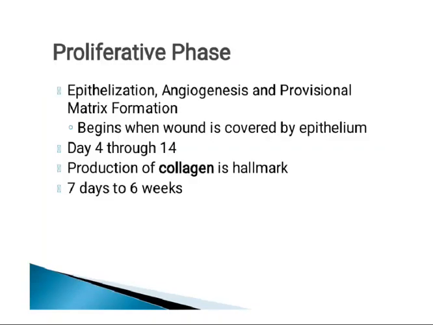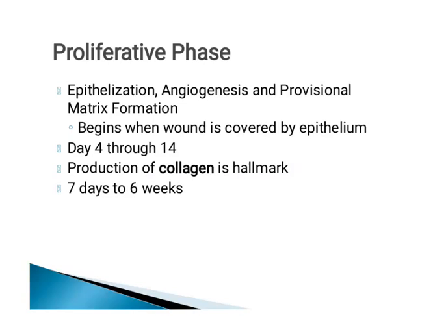So let's go on to the proliferative phase. Here epithelialization, angiogenesis, and provisional matrix formation occur. This begins when the wound is covered by epithelium, days 4 through to 14.